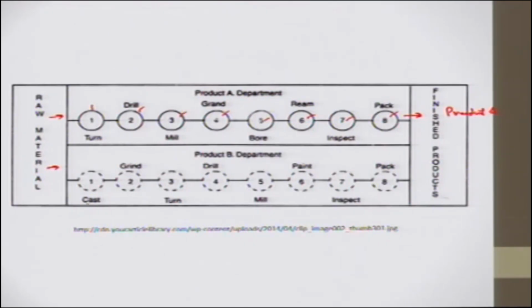And the second product, the raw material is coming in, certain processes are being carried out: casting, grinding, turning, drilling, milling, painting, inspection, packaging, and then product 2 is out. Again recalling, this is mass production or high volume production.